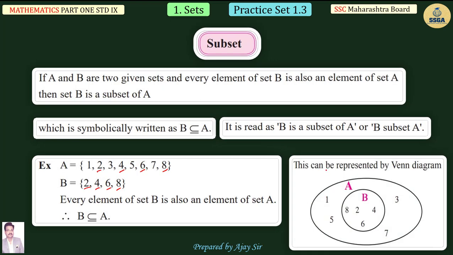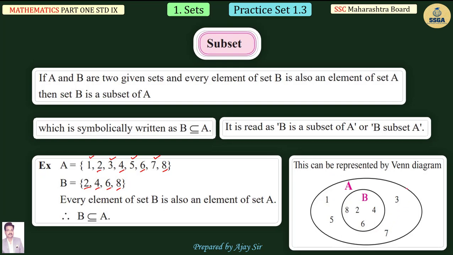By Venn diagram, B as a subset is drawn inside one small circle. In that circle all elements of B are shown, that is 2, 4, 6, 8, and the remaining elements, 1, 3, 5, 7, are shown outside that circle, and that is set A. So set A contains all the elements, including set B and these remaining elements.